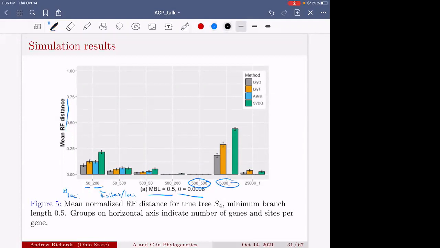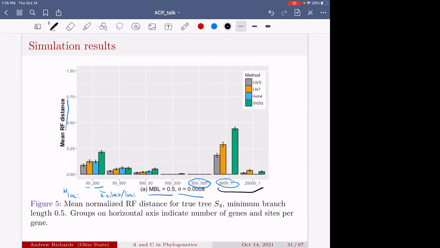We did not include Astral for these two because Astral needs to infer a gene tree and it can't if you have independent sites. So we only compared against Astral for when we had multi-locus data. And so what we can see here is that the new methods outperform SVD quartets.